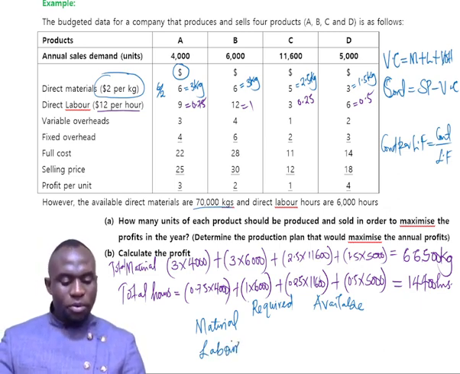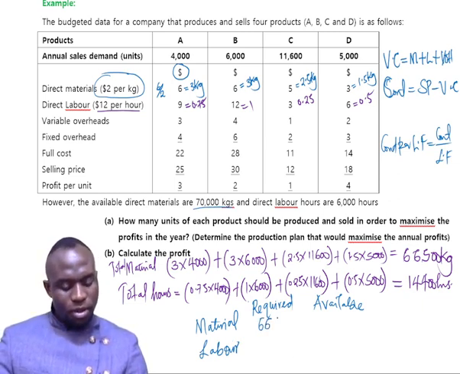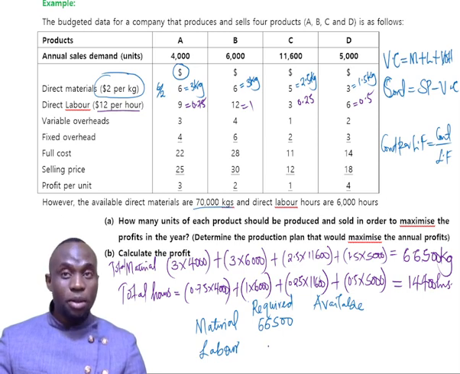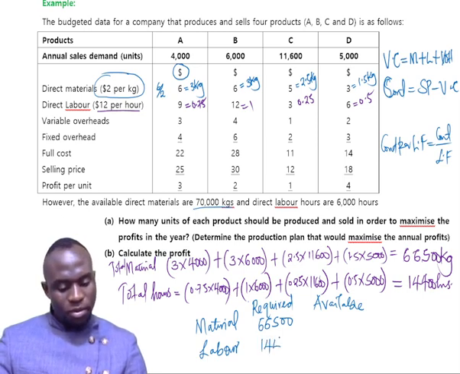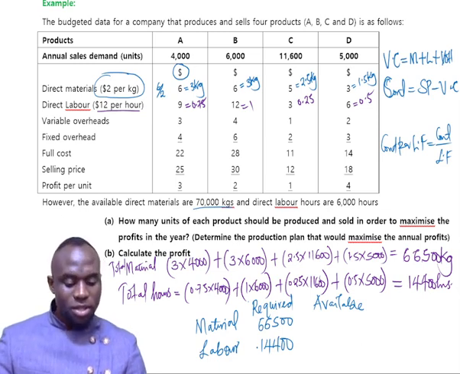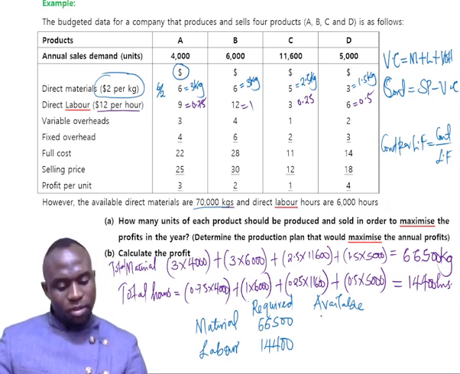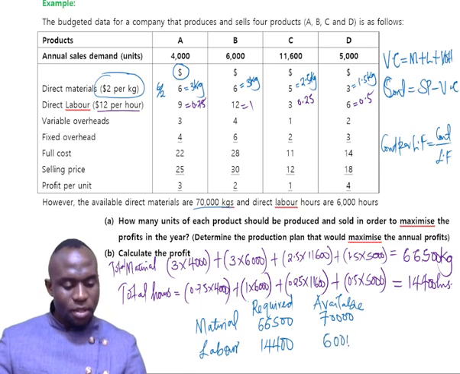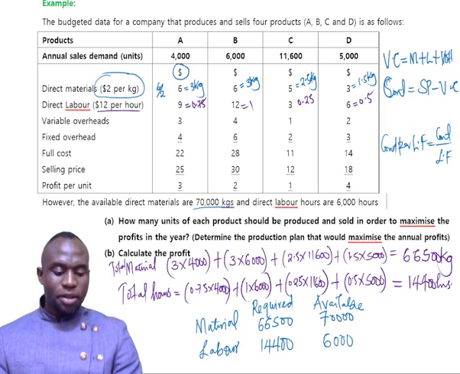For material, the required is 66,500, and for labor, the required is 14,400. But what is available? The question gave us what is available. So what is available is 70,000 kilograms, and for labor it is 6,000 hours. So which one is the limiting factor?